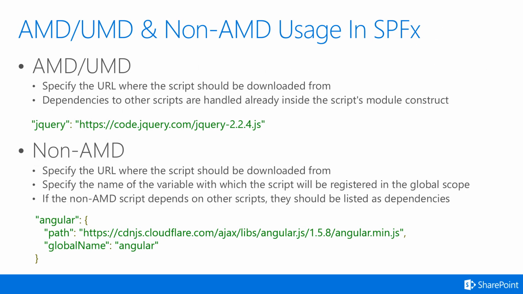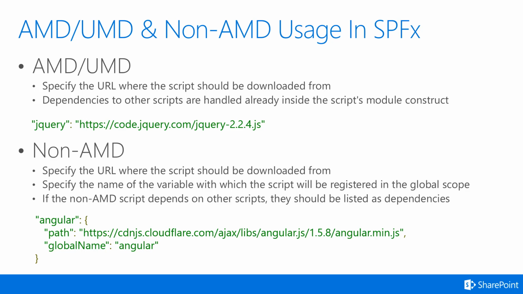The key point of AMD and UMD modules is that when you're using third-party scripts available on the internet, it's good to understand if the script is AMD or UMD compliant. Because if it's not, how we reference those within our config JSON is slightly different, and so is how we use them within a client-side implementation.